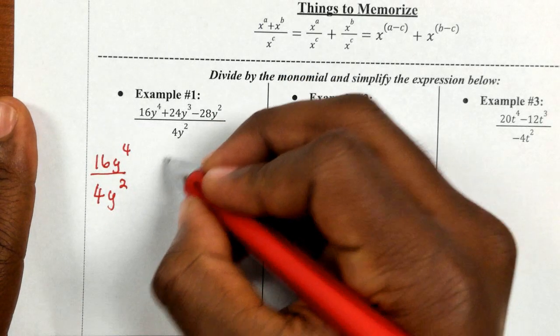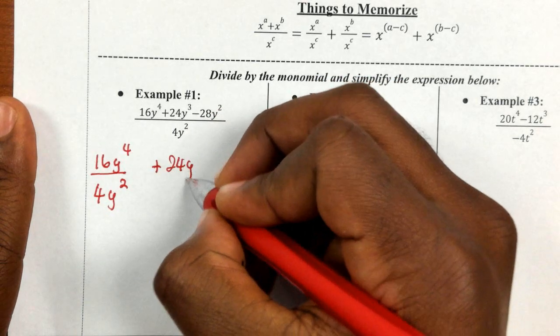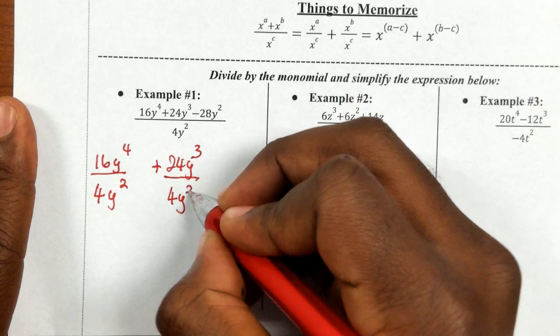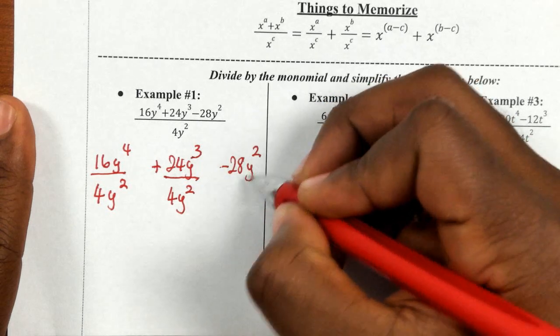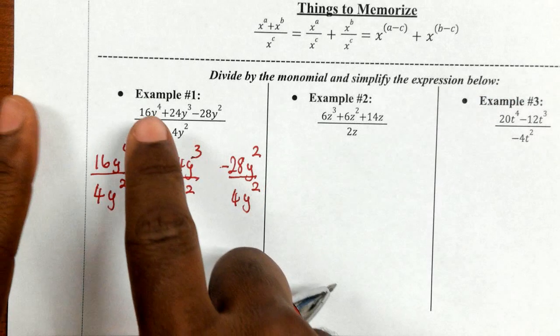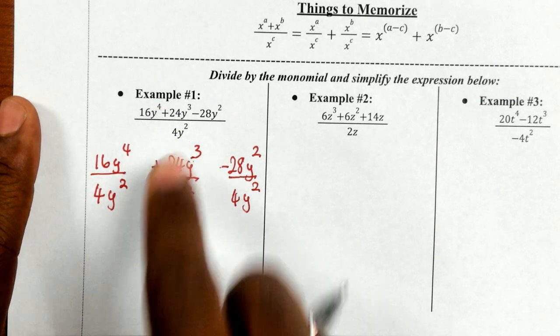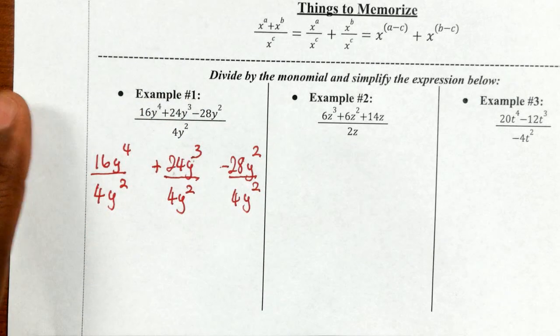And then rewrite the other ones the same way. Plus 24y to the 3rd power over 4y squared. And then minus 28y to the 2nd power over 4y squared. Because again, each of these have this as a denominator. So I just rewrote these with this as a denominator.